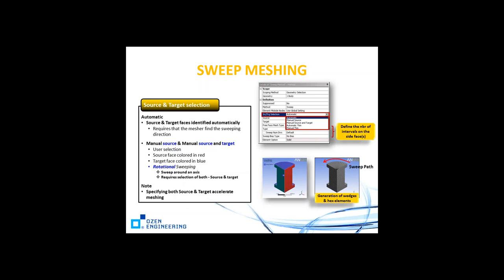We as engineers are never given a geometry that's nicely sweepable, so we always have to work through the problem. You can also use sweep meshing to sweep in a tangential direction, and when you sweep in a tangential direction, you will also get a bunch of hexes in the model.